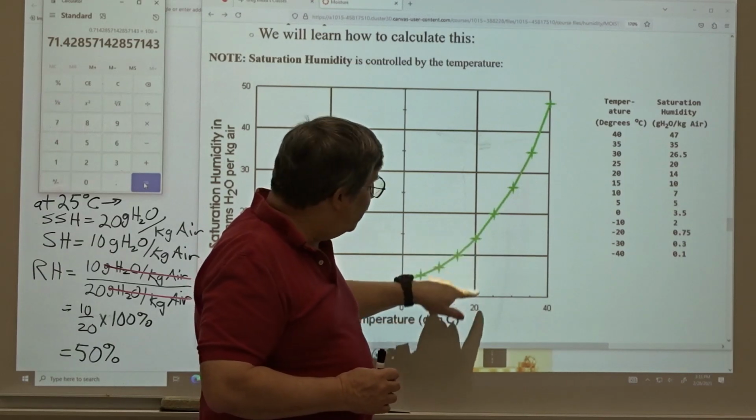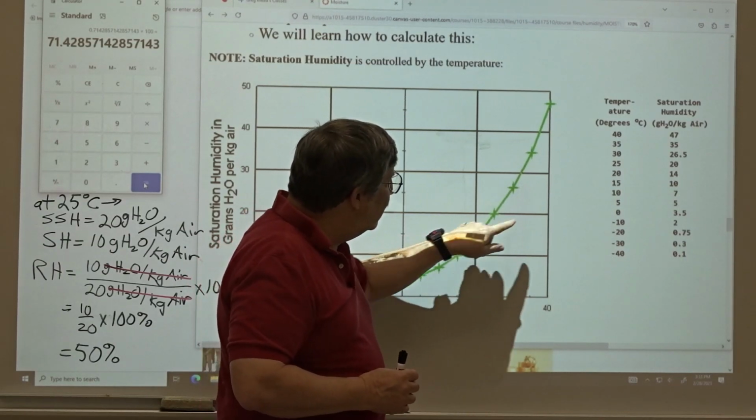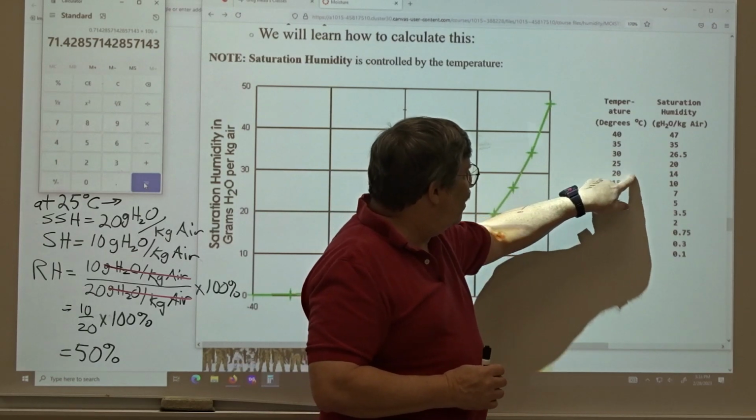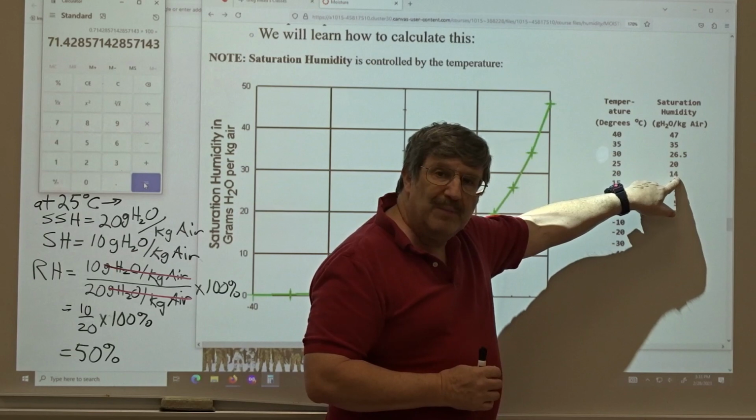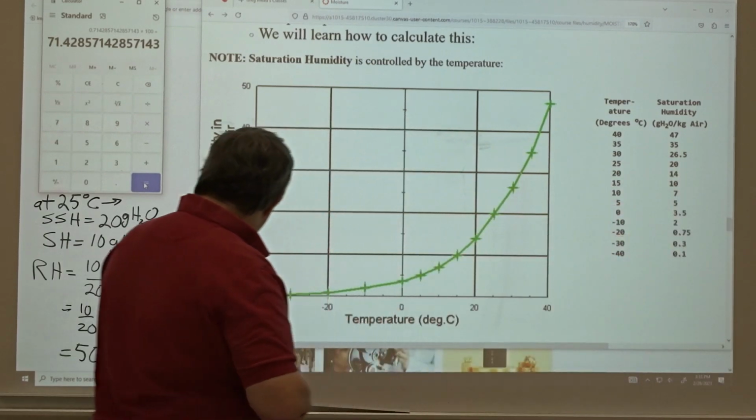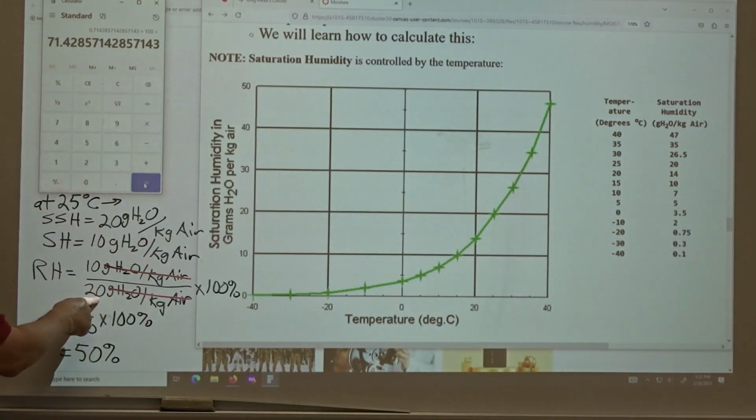If the temperature drops down to 20 degrees, then our saturation specific humidity decreases to 14 grams of water per kilogram of air. So that means that this number, which is the saturation specific humidity, is now going to be 14.